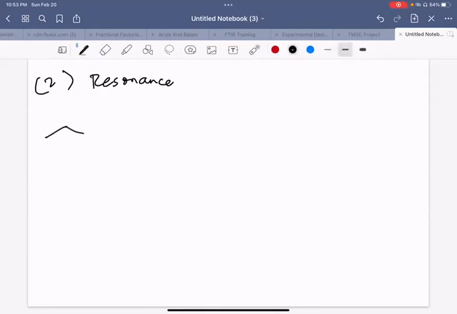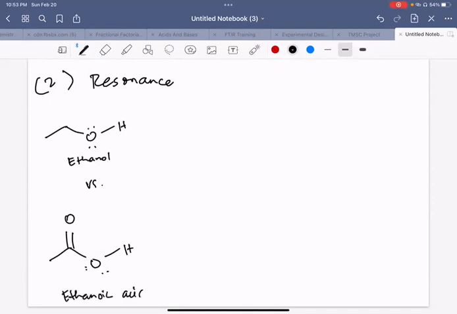Is it going to be ethanol or ethanoic acid, or acetic acid?